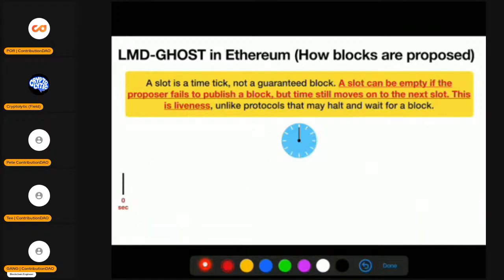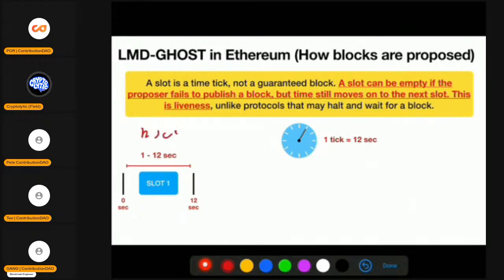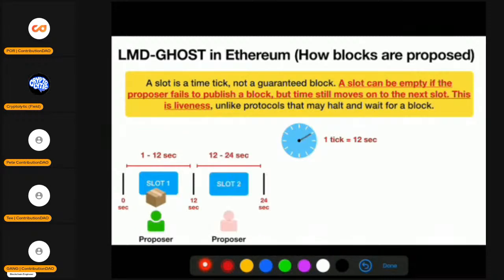So you're going to have something like this. When there is a first tick, you have 12 seconds for a proposer or the leader to propose a block. Then for the second tick, you have another 12 seconds for the proposer to propose a new block.